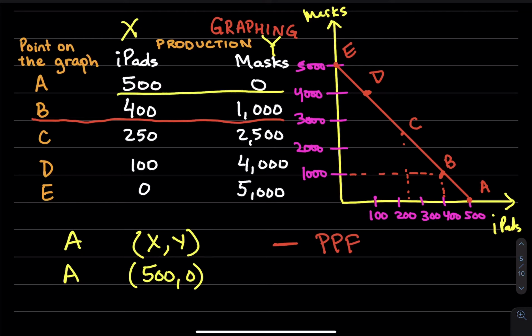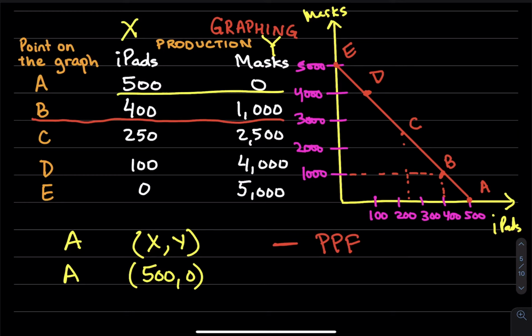What is important to know is that if we are on that red line, there are obviously infinitely many points on that red line, but right now we've only marked 5. Those are points that are efficient because we are utilizing all of the 50,000 labor hours that were available to us.